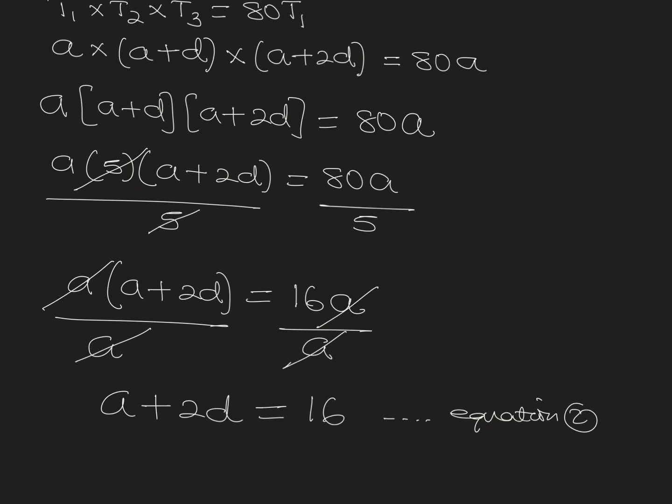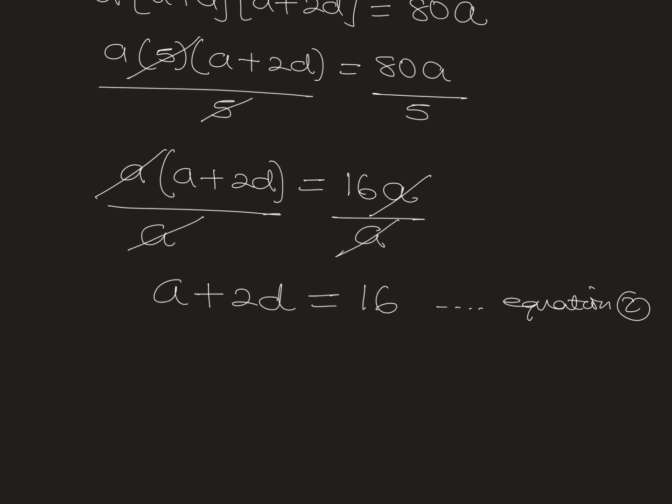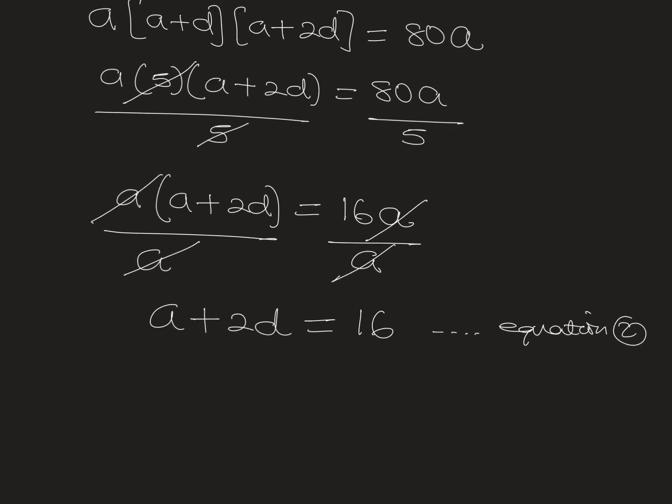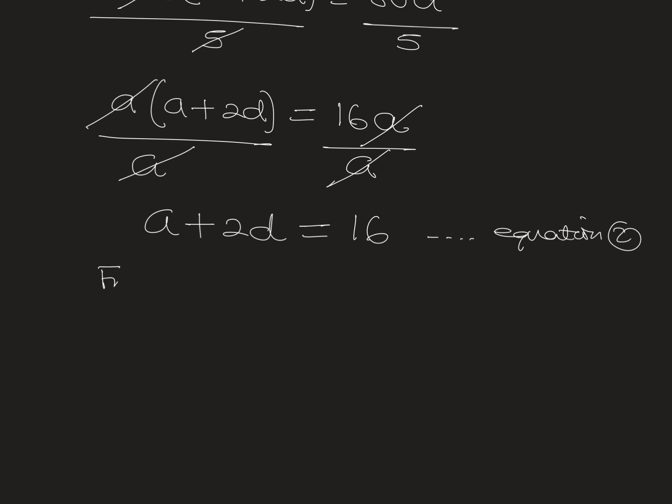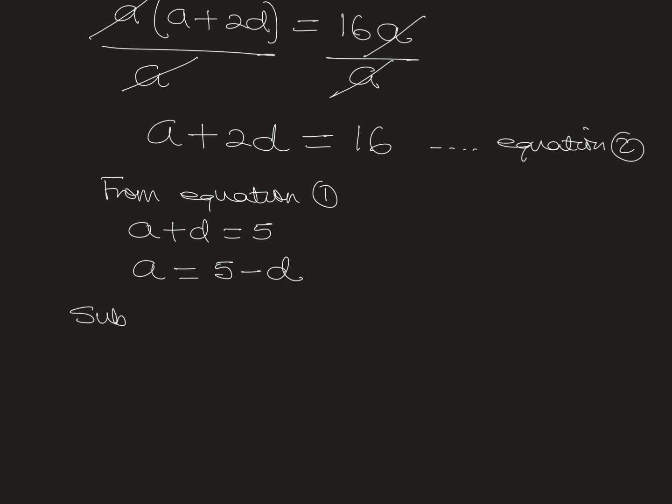So this can be called equation 2. Now, equation 1 is A plus D is equal to 5, and equation 2 is A plus 2D is equal to 16. From equation 1, A plus D is equal to 5, we can say A is equal to 5 minus D. So we substitute A is equal to 5 minus D into equation 2.